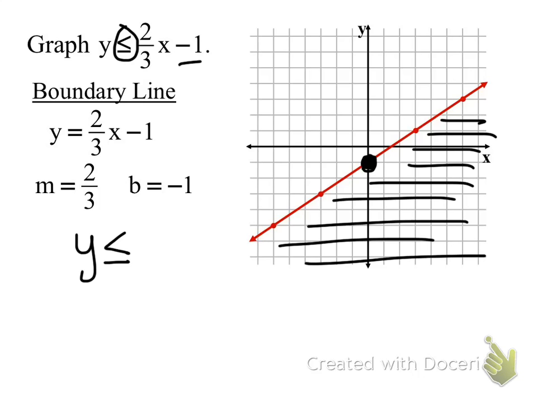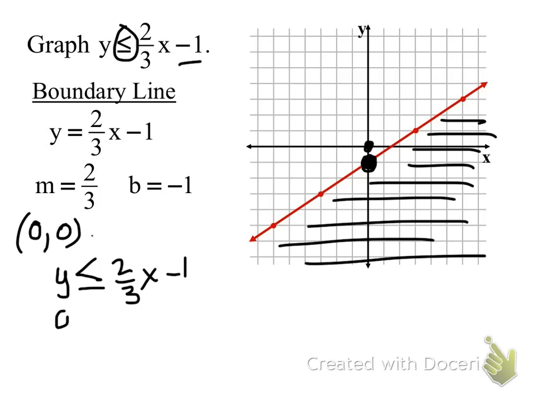No. So y is less than or equal to 2/3 x minus 1. 0 is less than or equal to 2/3 times 0 minus 1. Is 0 less than or equal to -1? No. So this point right here should not be shaded. I have to shade the other side right here.